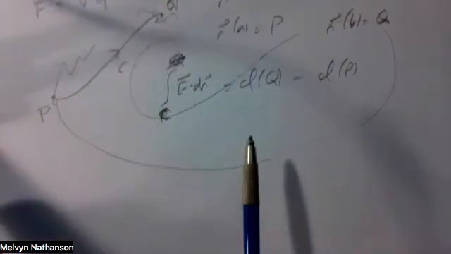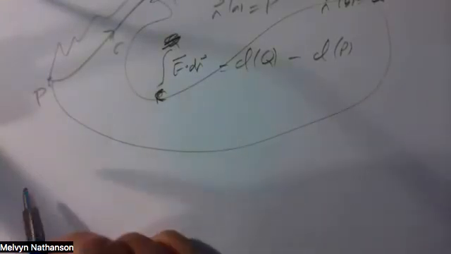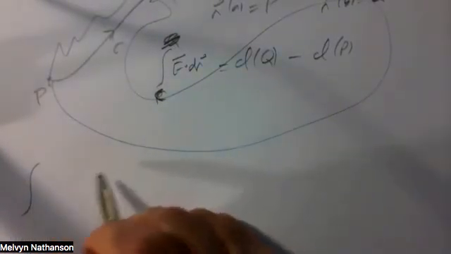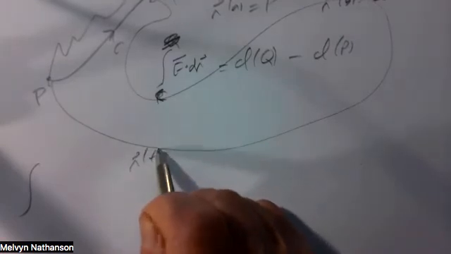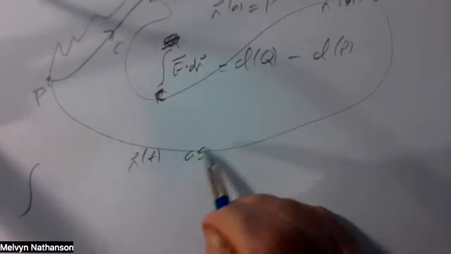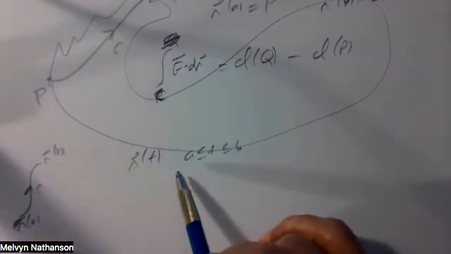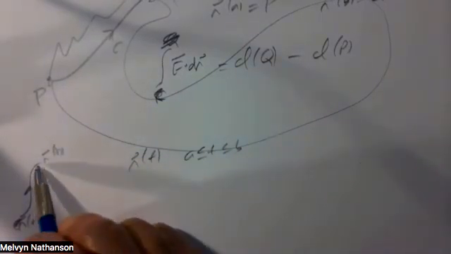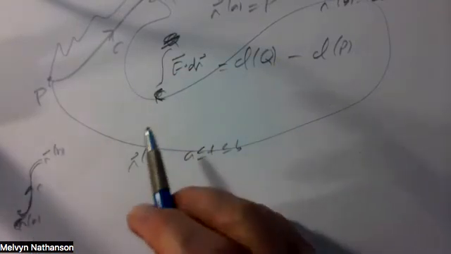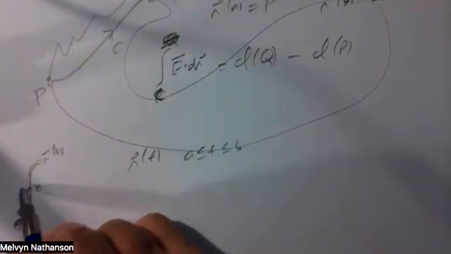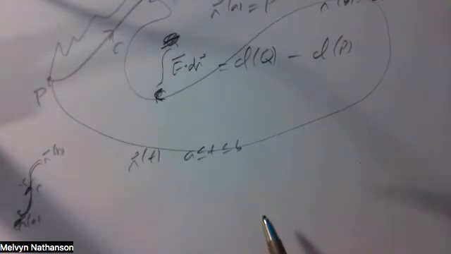Now, there's a very pretty corollary of that. First, there's the following fact. Suppose we have r of t, where t goes from a to b. So you have some curve, c, which goes from r of a to r of b. Now, you could reverse that. You could take the curve going in the opposite direction. Let me just call that curve minus c.